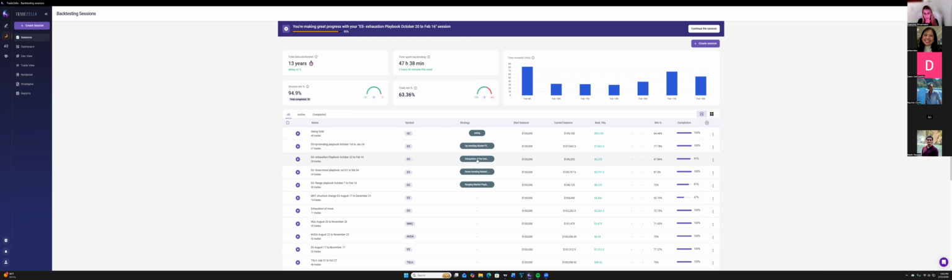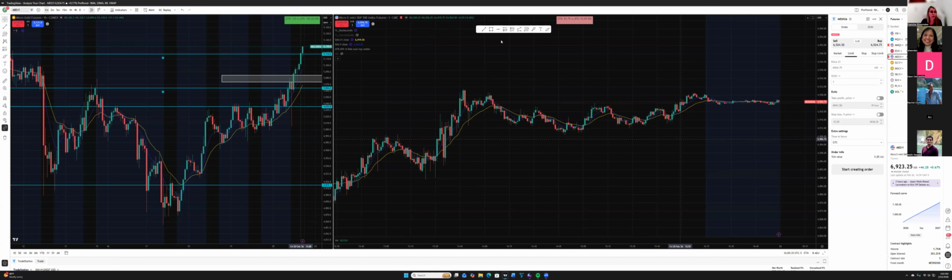I feel like the ES offers a lot of those exhaustion moves where it just hits a main resistance and then crashes down basically. And then the regular uptrending playbooks. I have different rules for each playbook, which I can share with you guys later, but let me show you how I traded futures.